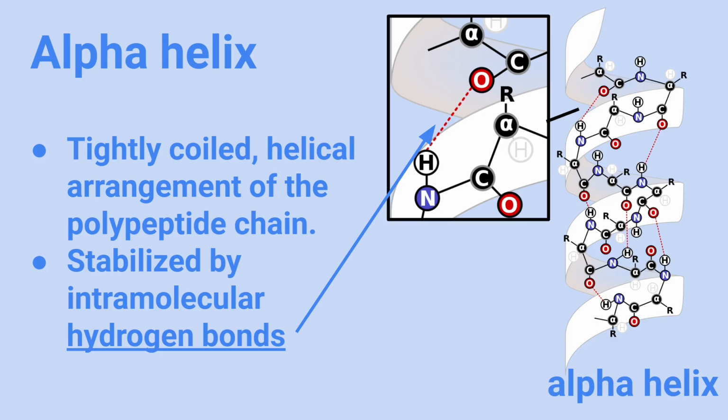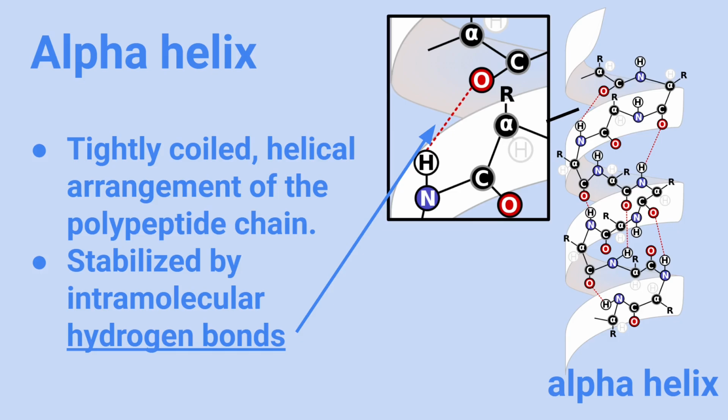Another feature is its helical turn. The standard alpha helical turn involves 3.6 amino acid residues per turn. Then pitch and diameter. So the pitch, which is the vertical distance between turns, and diameter of the alpha helix are relatively uniform, contributing to its regular and compact structure.